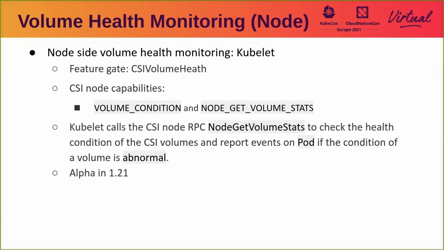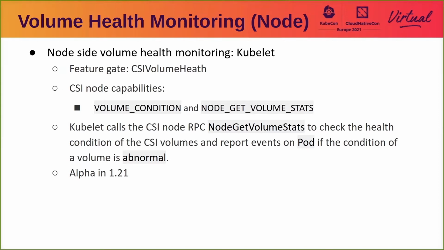In addition to that, it now also retrieves volume health condition through the node get volume stats CSI RPC call and reports volume condition abnormal events with messages on pods if abnormal volume conditions are detected. Only CSI drivers with volume condition node capability support volume health monitoring in Kubelet. We added a new alpha feature gate, CSIVolumeHealth, in 1.21 to introduce this feature in Kubelet.